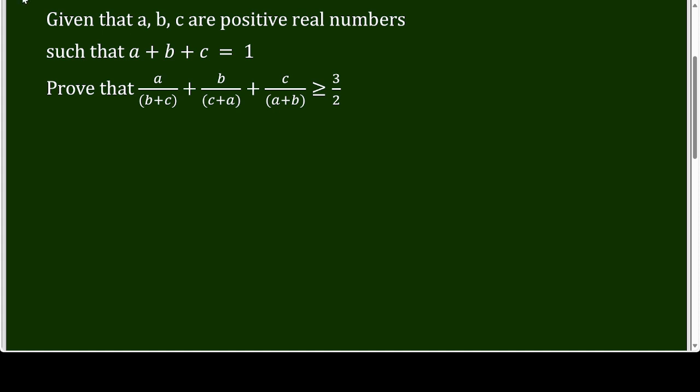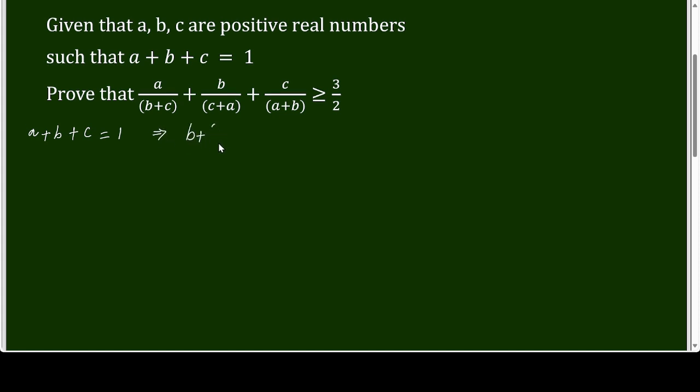So we'll start from this expression, a plus b plus c is given to be 1. From this we can write b plus c equals 1 minus a, and c plus a equals 1 minus b, and a plus b equals 1 minus c.